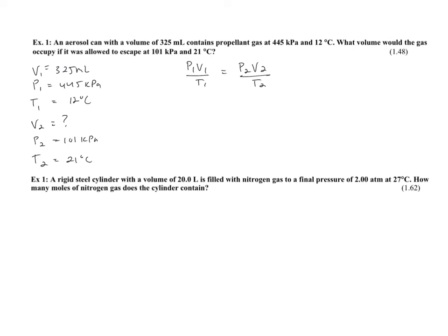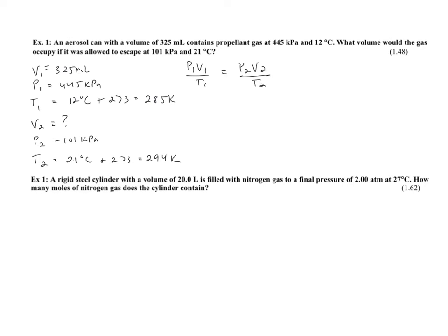Now we have to convert the temperature before we can do any math. Plus 273 here, it's 285. Plus 273, that's 294. Okay, so we're solving for V2.